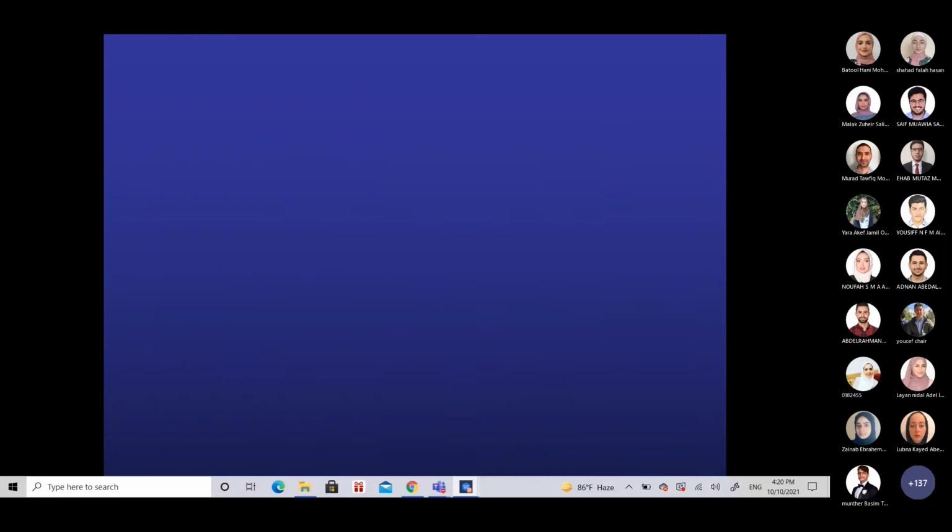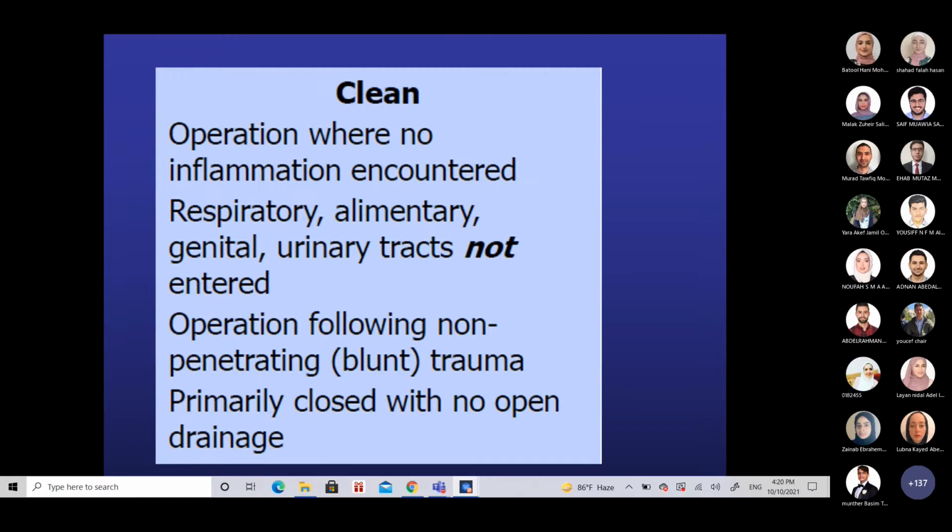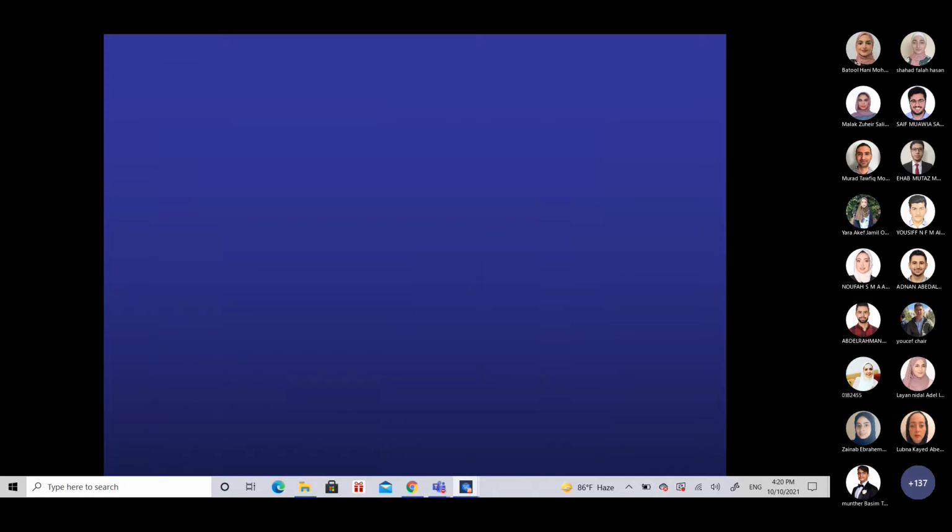Everything is okay. This is clean surgery. An example is hernia in children. We do a herniotomy, we just ligate the hernial sac and that's it. We don't use a prosthesis. The area is clean, and there is no entering into any hollow viscus. Thyroidectomy is also a famous example of clean surgery.